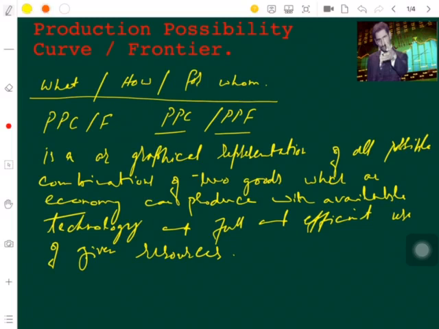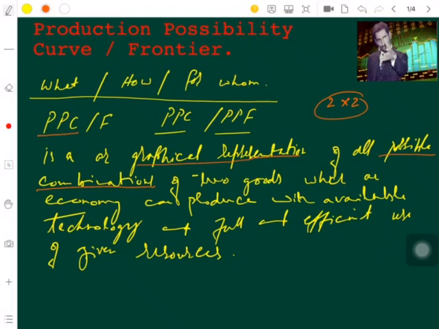What the definition says is that the production possibility curve or frontier is a curve or graphical representation, first thing, of all possible combinations. The second thing, of two goods. Here in context we are taking a 2 into 2 model, that is a two-goods model.